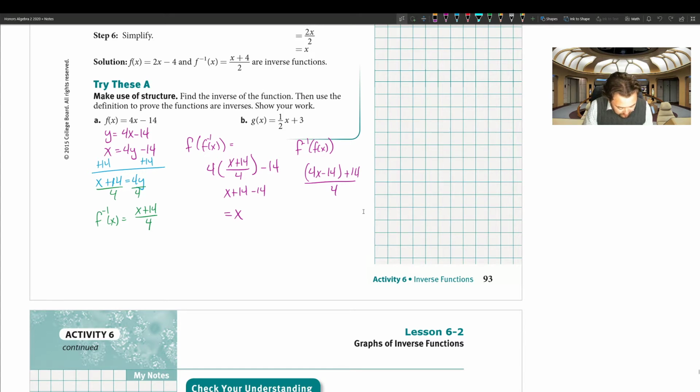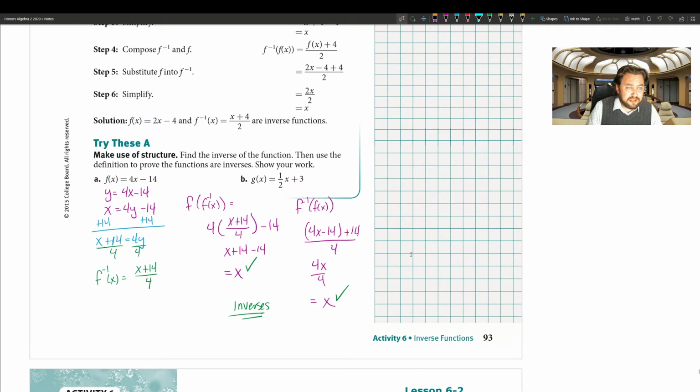That simplifies to 4x, since minus 14 plus 14 is gone. So 4x over 4, the 4's cancel, and I just get x. It gives me x one way, and it gives me x the other way. These are definitely inverses, and I've proven it.